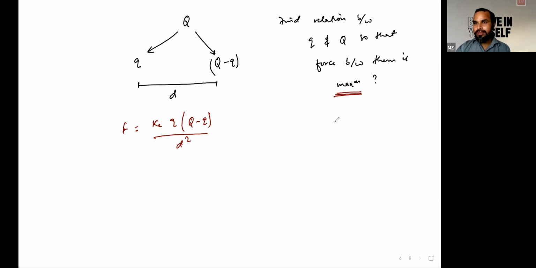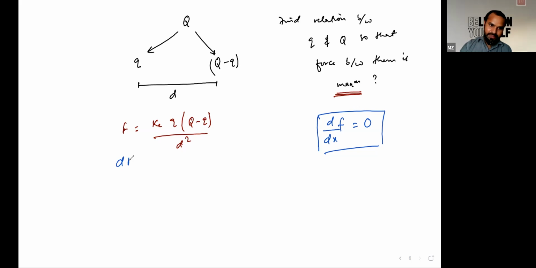For any function, to get the maximum or minimum, just differentiate that function and put it to 0. This is the main idea behind calculating the maximum or minimum value of a function. Similarly, if we differentiate this term and put it to 0, it will give you q equals Q by 2.